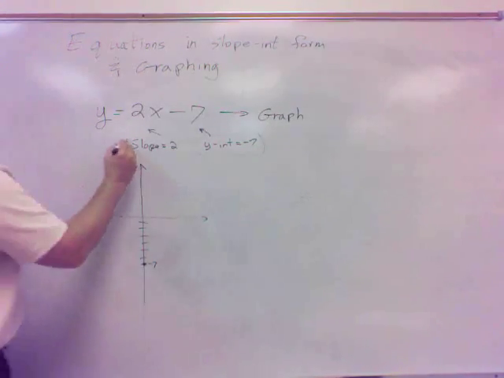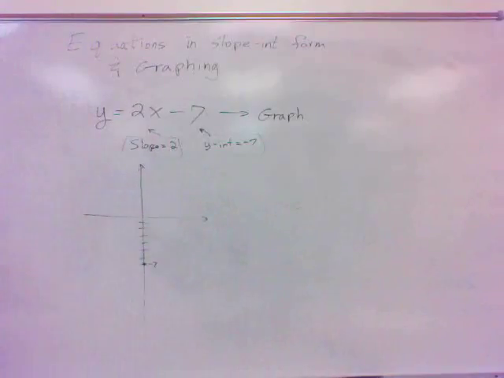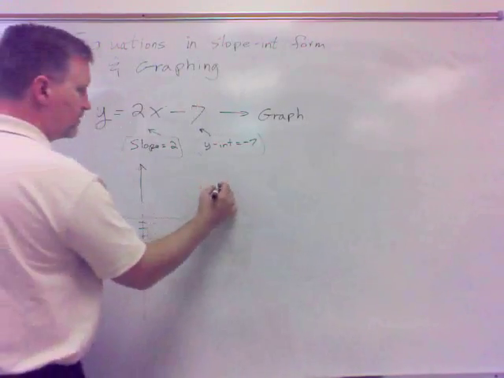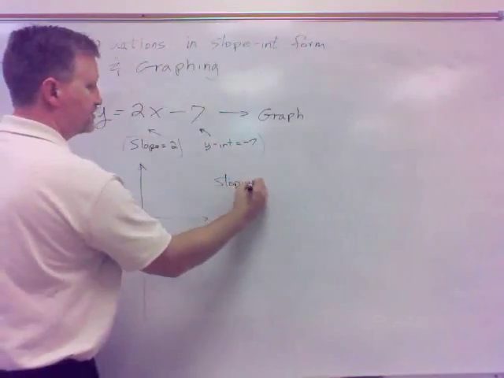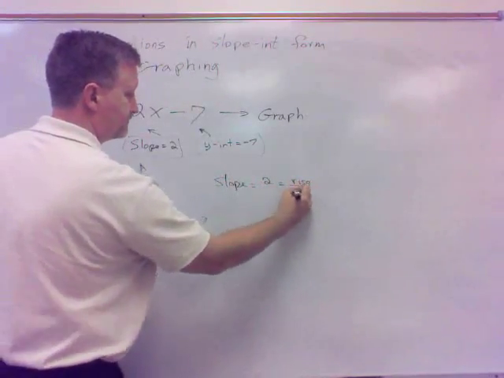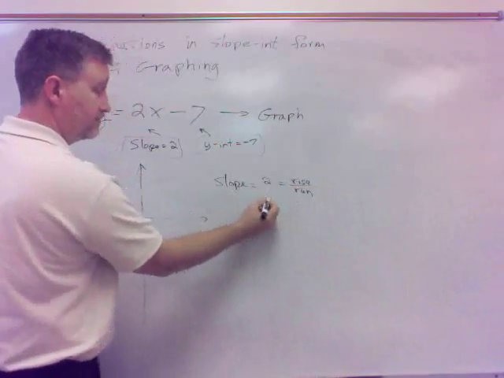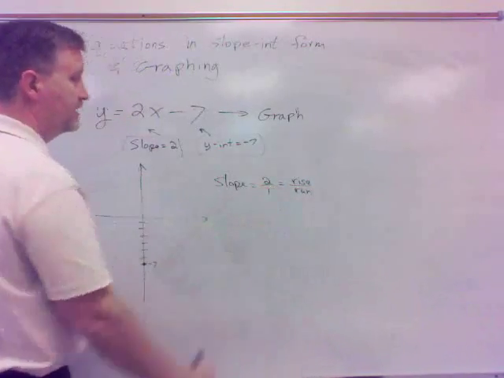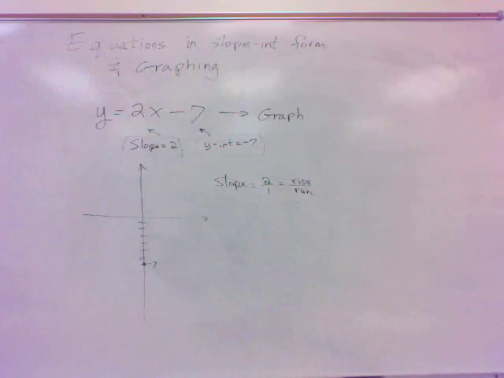Now the slope being 2, how can I get another point out of that? That's the rise over run, isn't it? The slope is 2, which is my rise over run. I just make it a fraction by putting it over 1. So the slope being 2 over 1, my rise is 2, my run is 1.